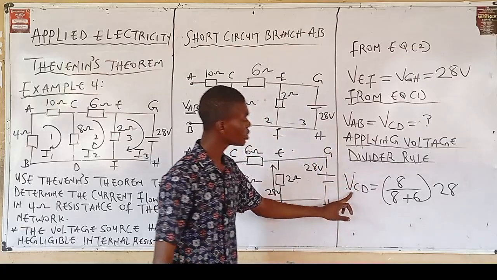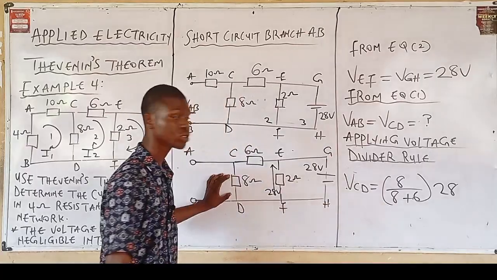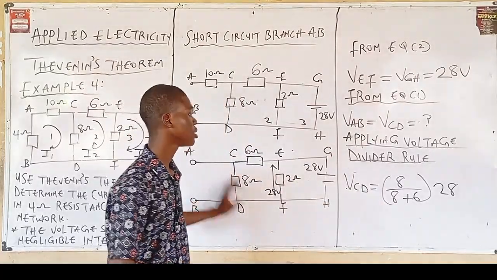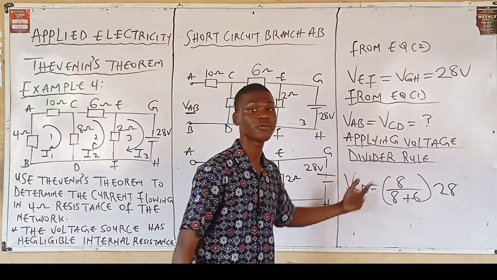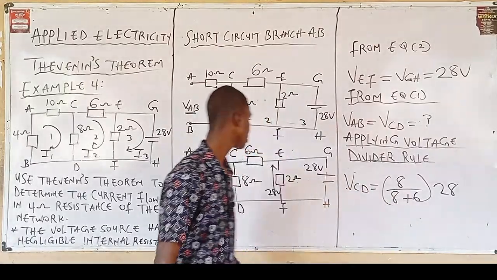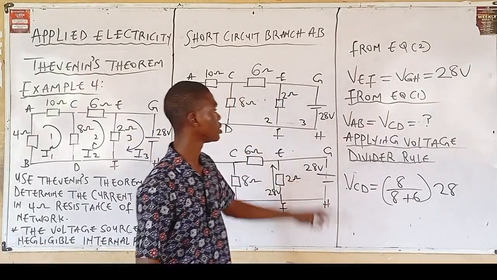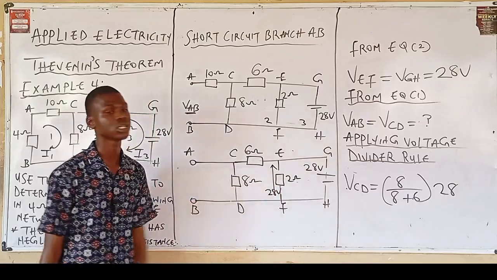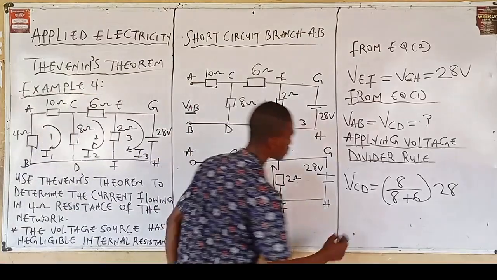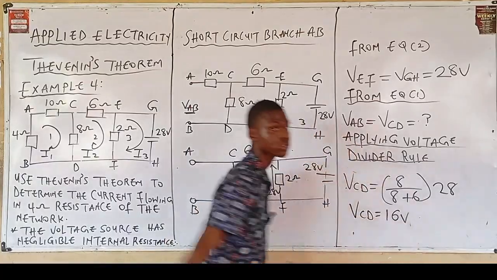Mathematically, VCD is equal to 8 ohms, which is the resistor in that branch, divided by that same 8 ohm resistor plus the 6 ohm resistor, multiplied by the voltage given from the question, which is 28 volts. By the time you put this in your calculator, you have VCD equals 16 volts.